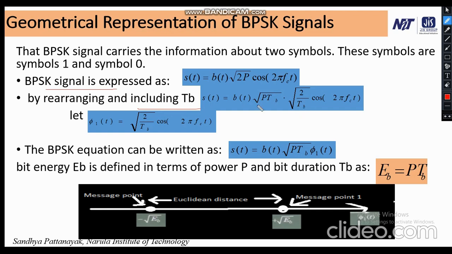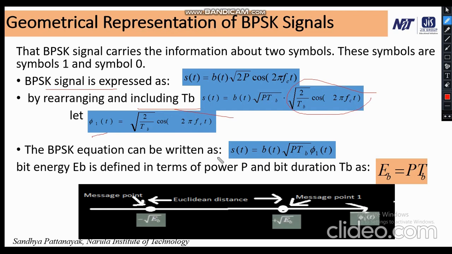So we get b(t) multiplied with root over PTB multiplied with root over 2 by TB cos 2πfct. Here we take the term root over 2 by TB cos 2πfct as the carrier, that is, φ1(t).